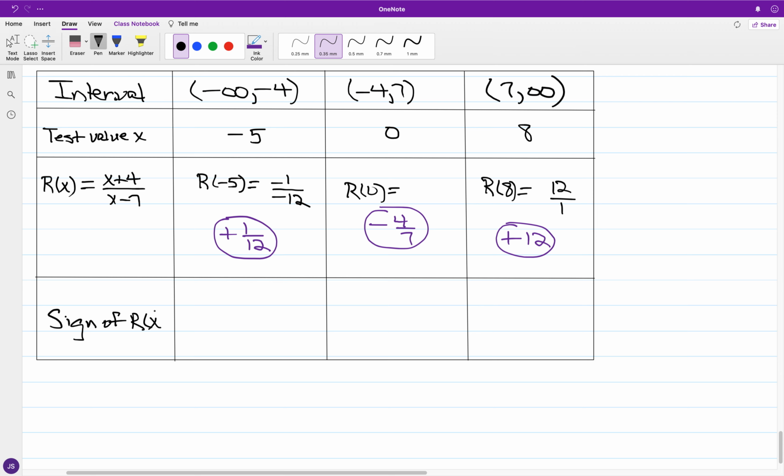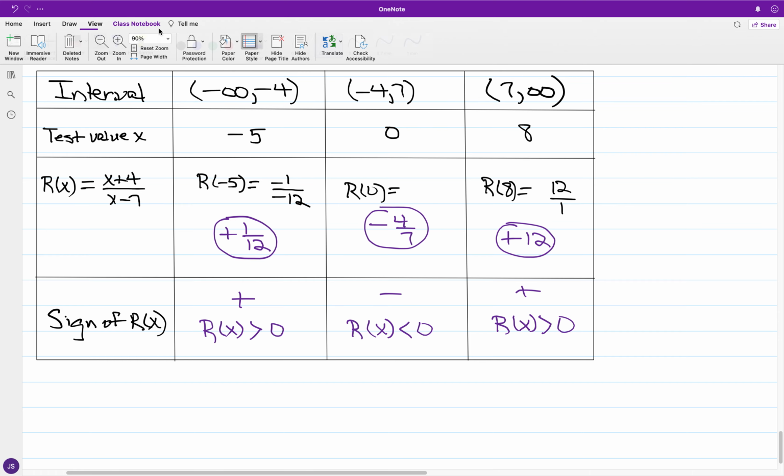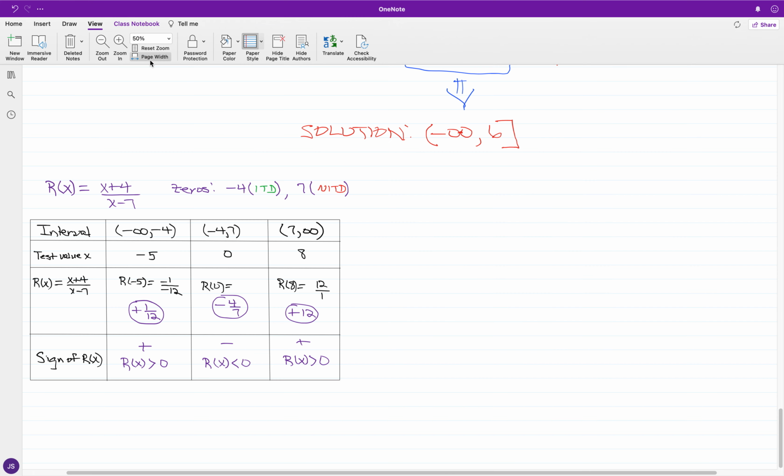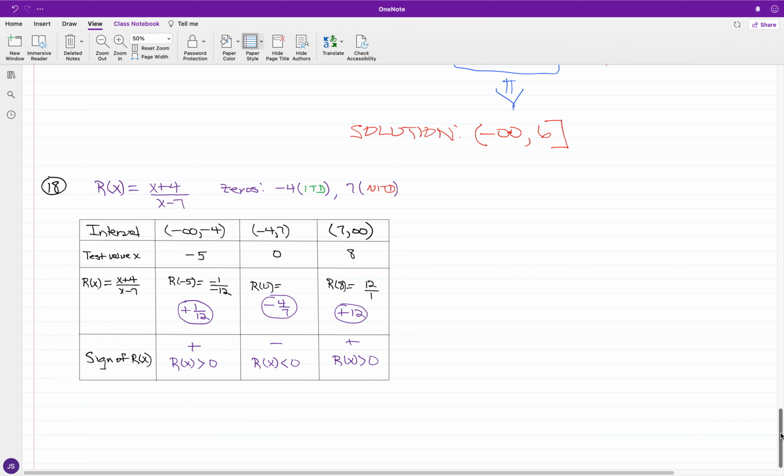And in the case of the sign of r of x, for the first interval section we have a positive output, next we have a negative, and last we have a positive. All right. And again, we have the inequality.